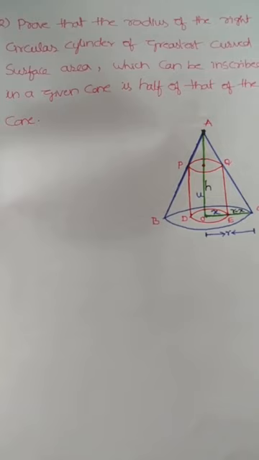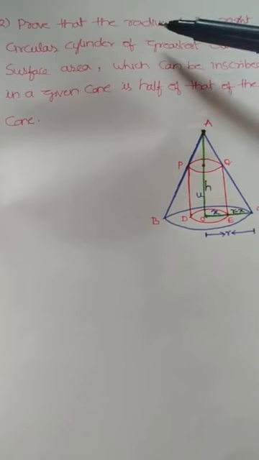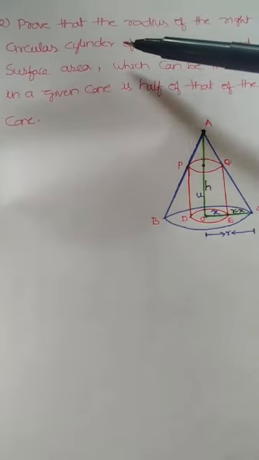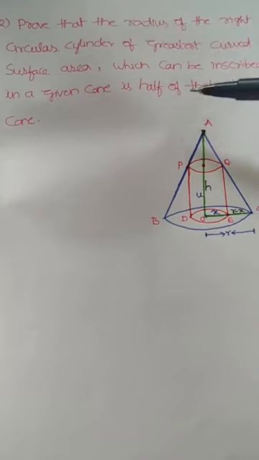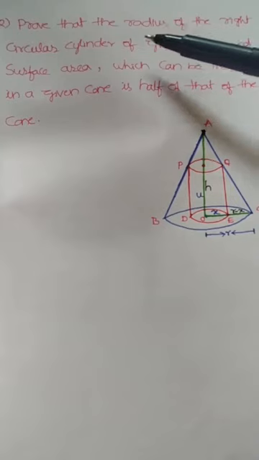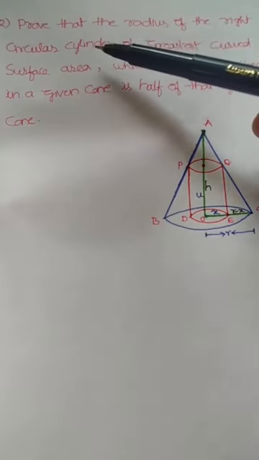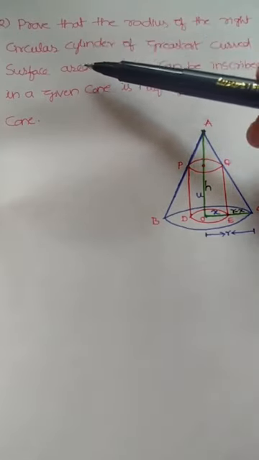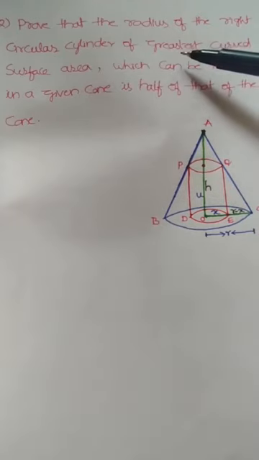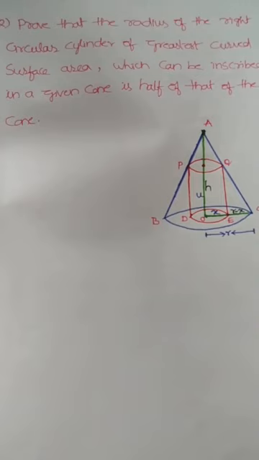Now the cylinder is inscribed in a cone, and we have to prove that the radius of the cylinder must be half of the radius of the cone. On that condition, the curved surface area must be greatest. So we have to follow this condition to find the required value.